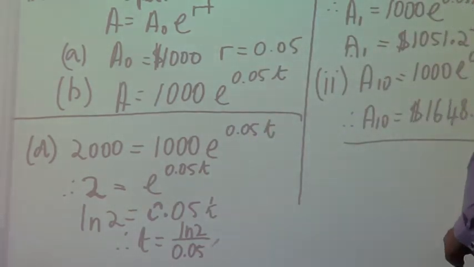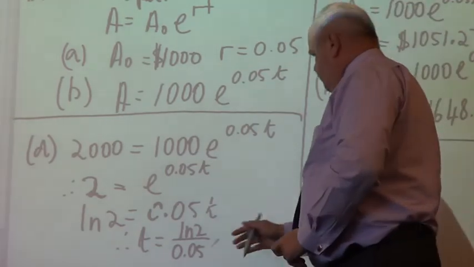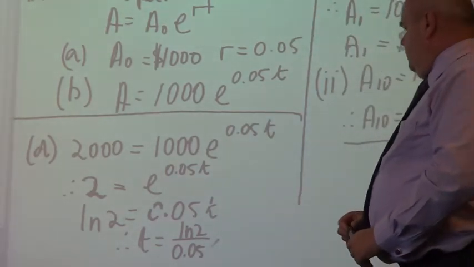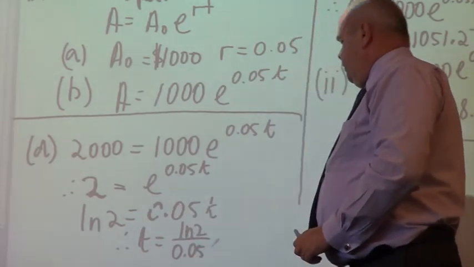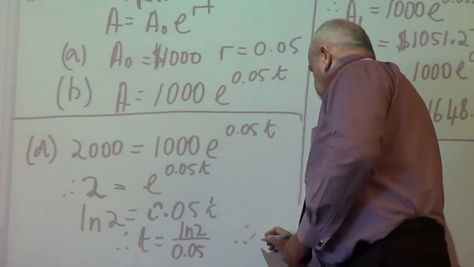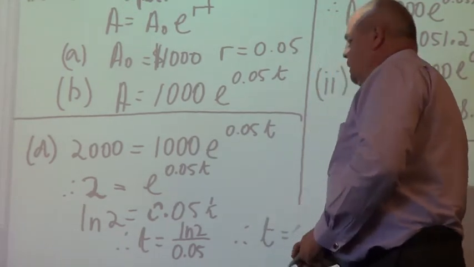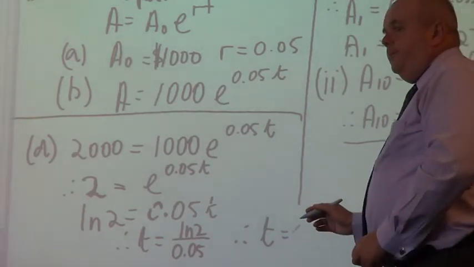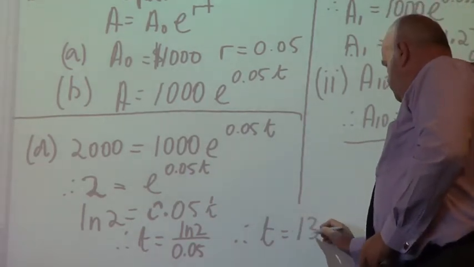By the way, if you're dividing something by 0.05, you can take that upstairs and call it 500. So, do we have a value there, please? ln 2 divided by 0.05. 13.86, or 14 years.